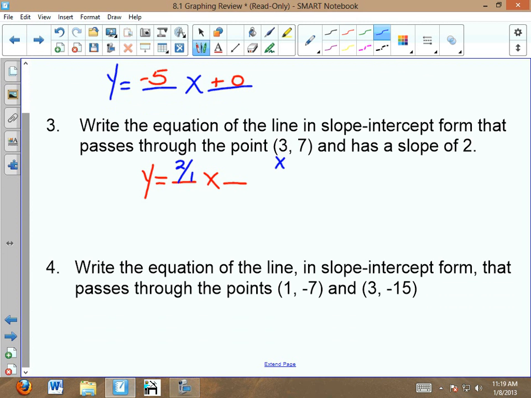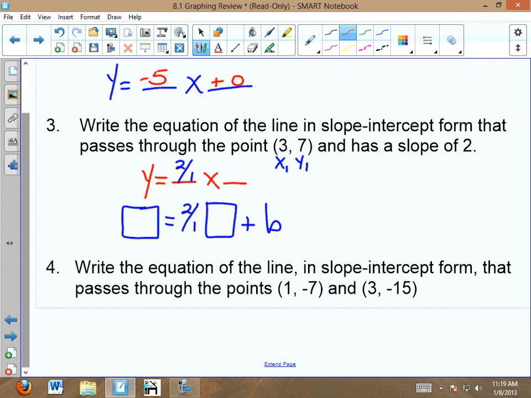Now, this is x1, y1. What is my y-intercept? What? 7. Nope. 7 equals 2x. Excellent. I have to substitute my x and my y. So I put my box, 2 over 1, and then I put my box for x plus b.